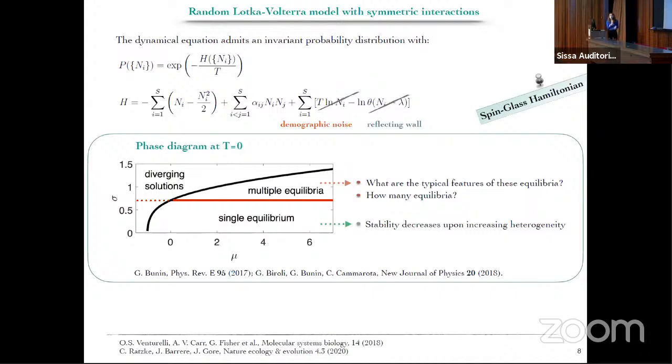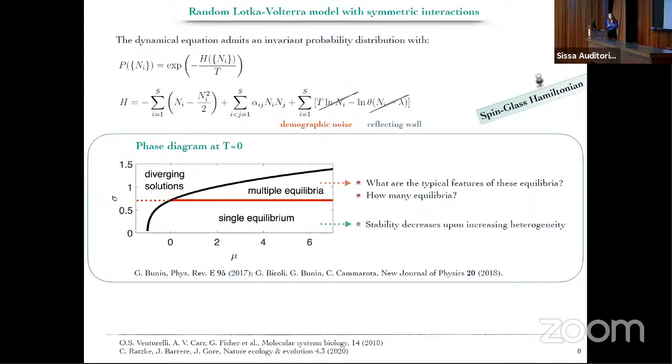Sigma is the heterogeneity parameter, I remind you, and mu is the mean interaction. What they observe in this phase diagram is that when the interactions are small or highly homogeneous, the system is in a single equilibrium phase. Then we can increase the heterogeneity parameter sigma, and the system enters a multiple equilibria phase. However, they did not go into more detail on the different features of the two phases.